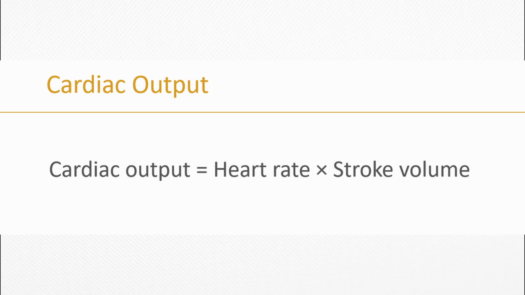Then the pulmonary veins bring it back, and it gets into the left atrium, and then goes to the left ventricle, which will then allow it to be pumped out to the rest of the body. So the stroke volume is the amount of blood that's pumped from the left ventricle. Super important. You definitely want to know that.